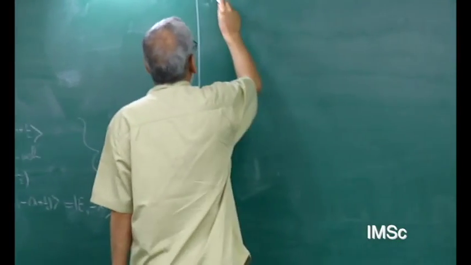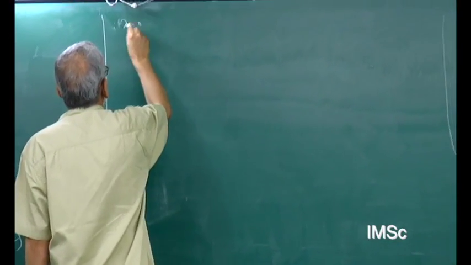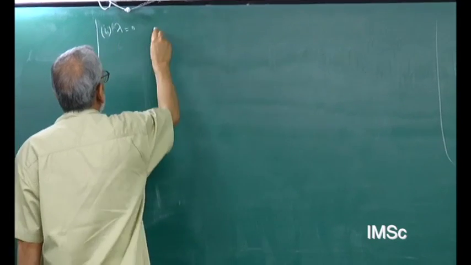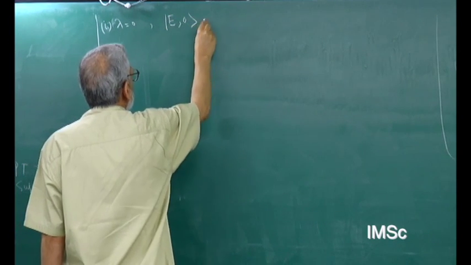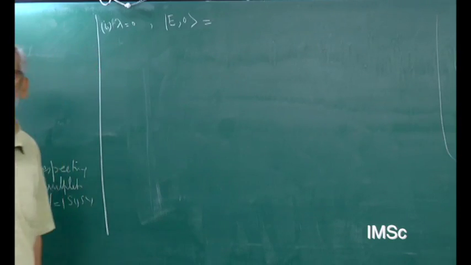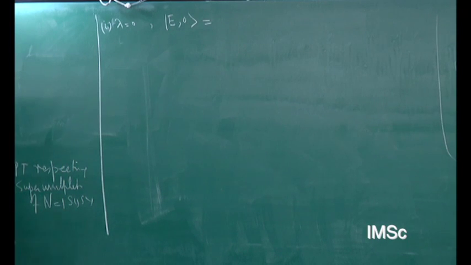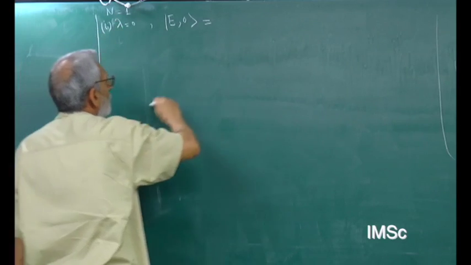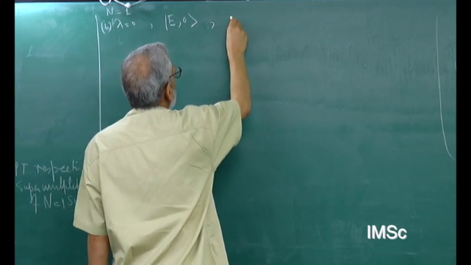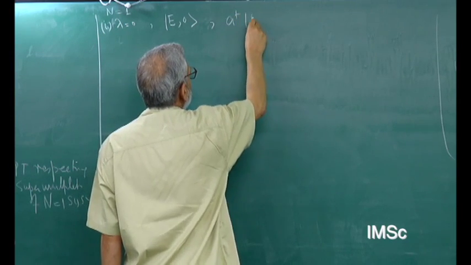Now take lambda to be 0, just an example, which means start with E 0. This is still n equal to 1. And apply A dagger on that.